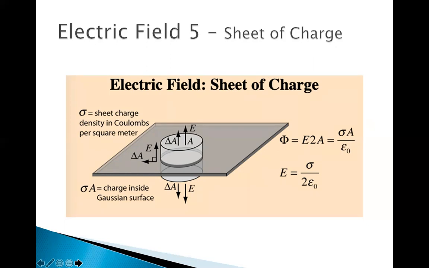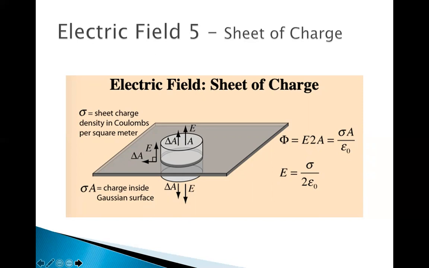So in this case, we make an imaginary cylinder that goes above and under the surface. Then you see the area is A, the electric field is E, goes up out of the surface, goes down out of the surface, and all around on the cylinder wall, there's no electric field going out because the field is parallel to the wall.